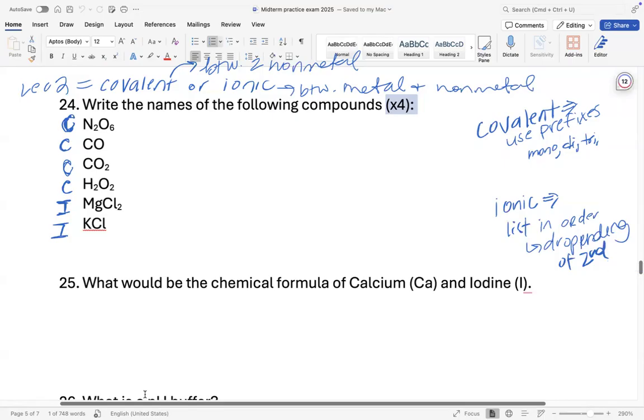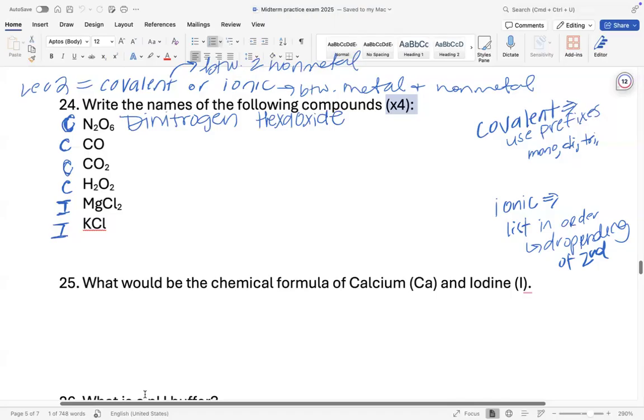I have a 2 after this nitrogen. So I'm going to call it dinitrogen. Then I have a 6 after this oxygen. 6 is hexa, so it's going to be hexaoxide. All right, you change the ending of the second element to "ide." You do that in covalent and ionic.